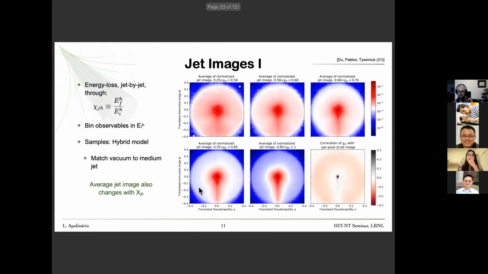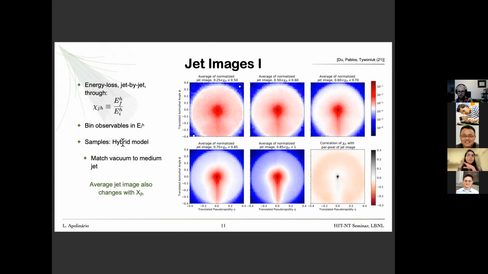Now, this idea is not new, and jet images were actually used by these people in a somewhat different way. They simulated samples from the strong-weak hybrid model. Because they have full control of the shower, they can make the match with the hypothetical vacuum parton shower, before it enters the phase in which medium effects start to take place.